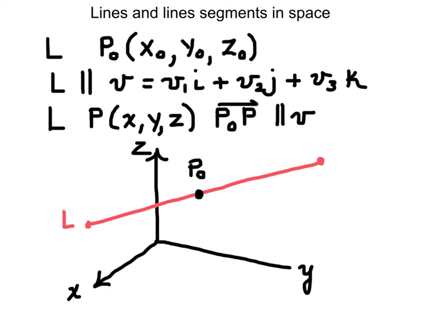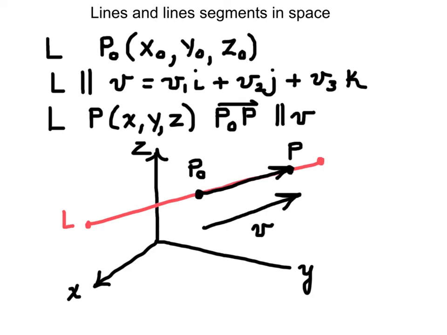If we draw a vector from P naught to another point P on line L, like this, then vector P naught P is parallel to our vector v.